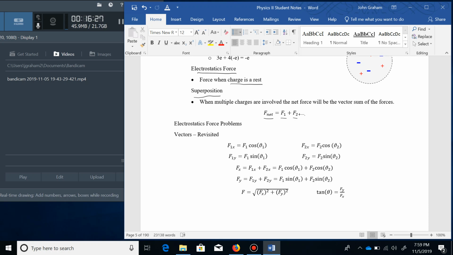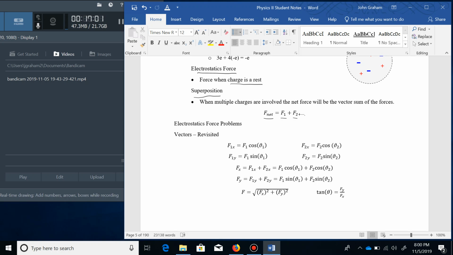So if we have two forces here, force 1x will be force 1 cosine the angle, and force 1y would be force 1 sine the angle, and the same goes with the second force. Force 2x is the second object in the x direction, that's force 2 cosine angle 2, and force 2y is force 2 sine angle 2. To combine forces together, we add them like we do vectors.